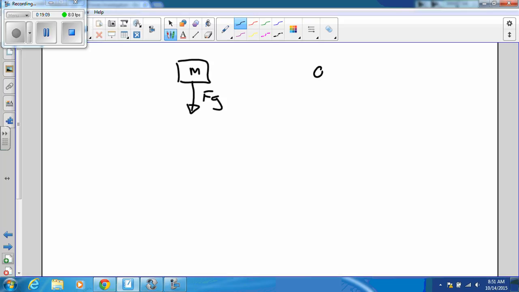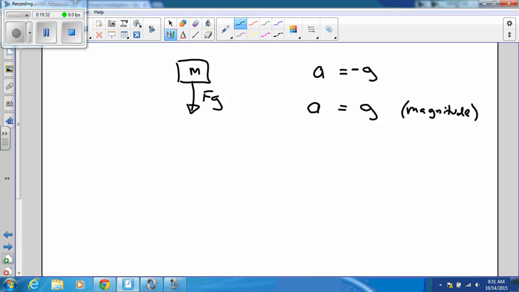G. That's right. So we can say about our object in free fall that the acceleration is really negative g because it's going straight down. But if we just do the magnitude, then the magnitude of the acceleration is equal to g.